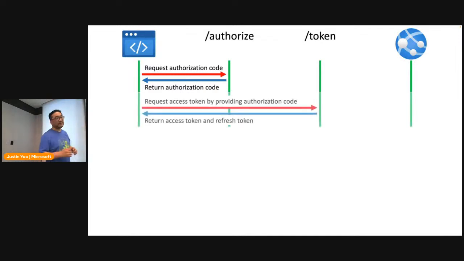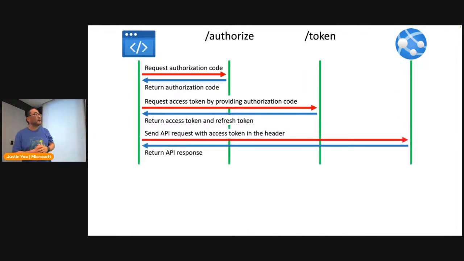Once I get that, with this authorization code, I talk to the identity server again to get the access token. With this access token, I can now talk to external APIs.